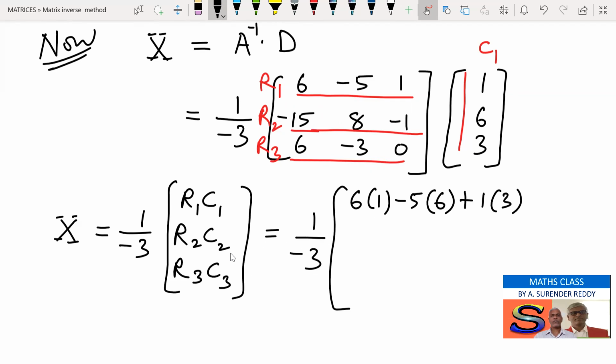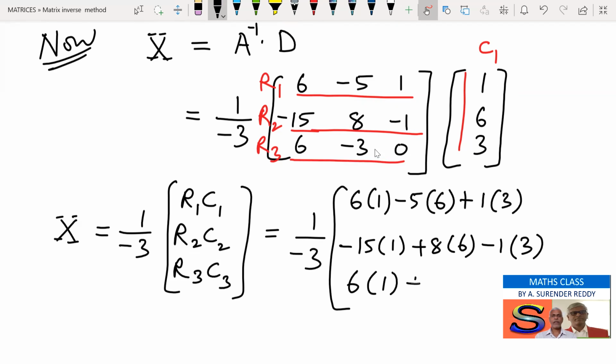Similarly, second row elements with the column: minus 15 into 1, 8 into 6, and minus 1 into 3. Third row into column: 6 into 1, minus 3 into 6, 0 into 3.